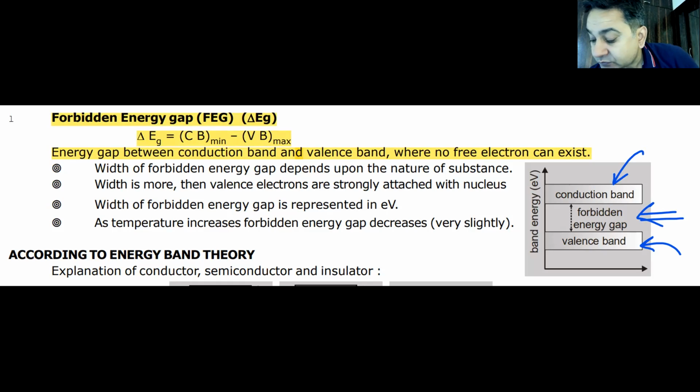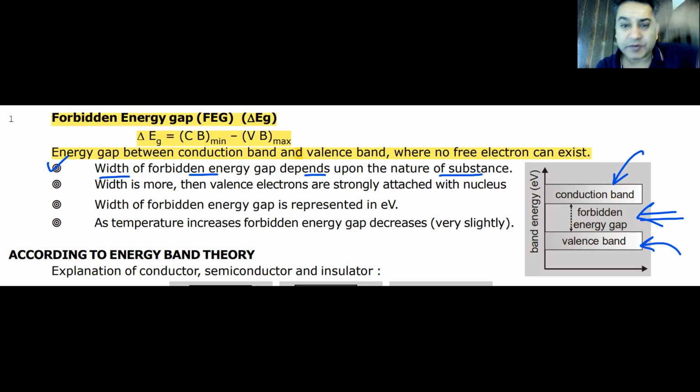Yes, sir. The width of this forbidden energy gap depends on the nature of the substance. Now tell me, which substance will be a very good conductor? Apply some brain. Which type of element or atom will be a good conductor? For a good conductor, what will be the value of the forbidden energy gap?